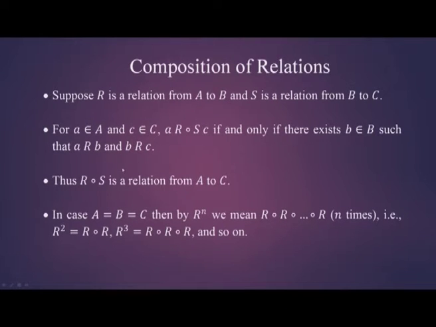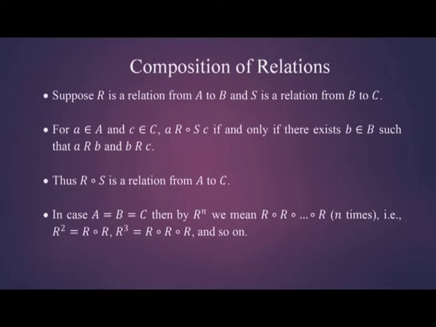Now, it is not necessary that A, B, C are distinct. A, B, C may be the same. Suppose A equal to B equal to C, so all of them we are writing as A. So, we can compose a relation on A, that is A to A, over and over again.